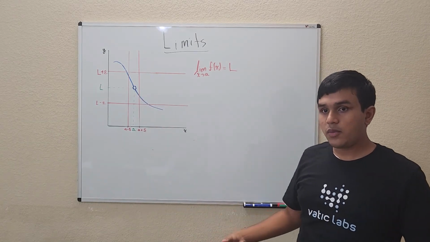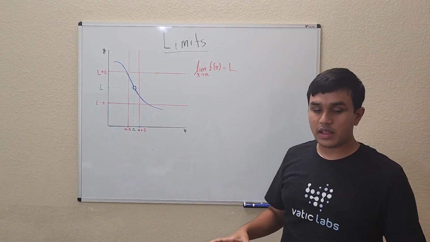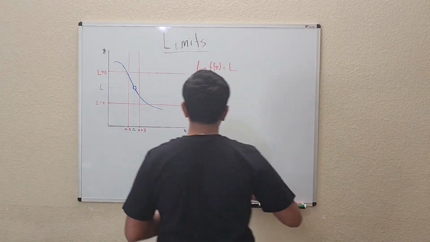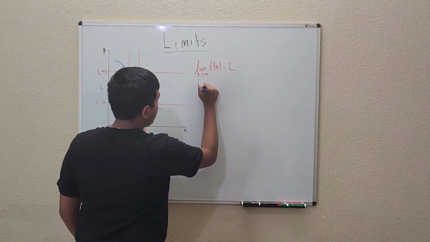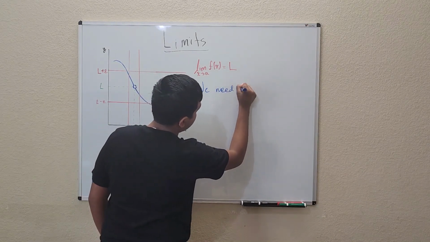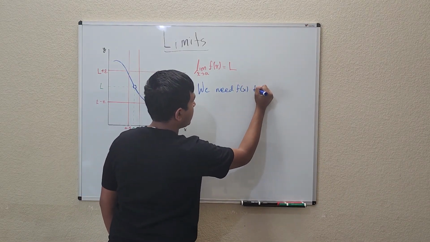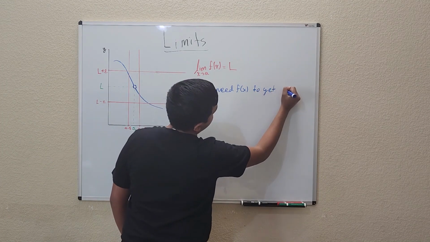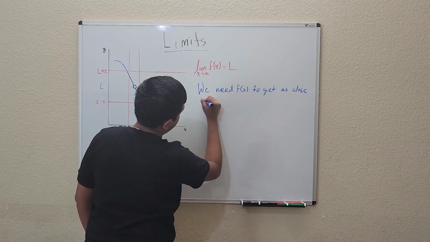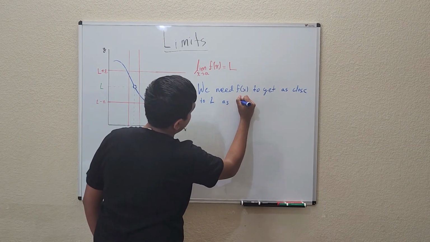So how can we quantify this? How can we make this a provable fact? Think about it like this. We need f of x to get as close to L as we want.